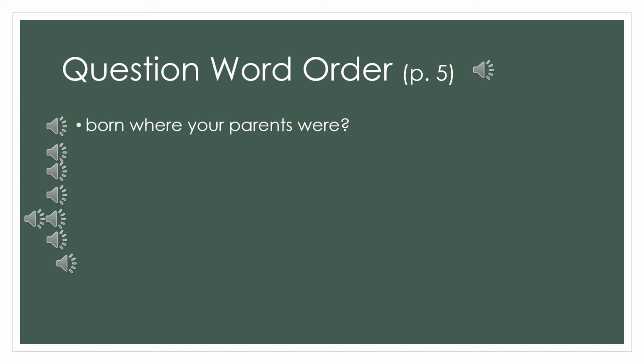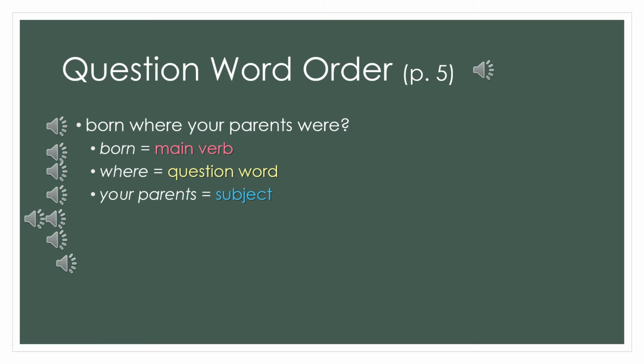Born, where, your parents, were. Born is the main verb. Where is a question word. Your parents is the subject. Were is the auxiliary verb.